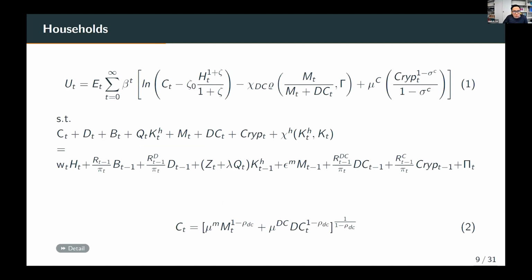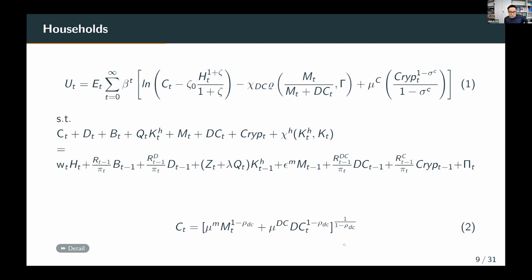Okay, let's get into the model, and I hope I can walk you through all of this. I will not go too deep into the model structure, so just a few points need to be mentioned. First, look at this equation. This is the cash in advance constraint. For simplicity, it means that you need a liquid tool for payment.